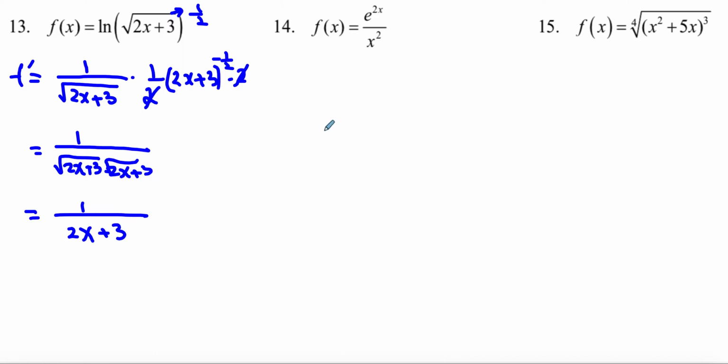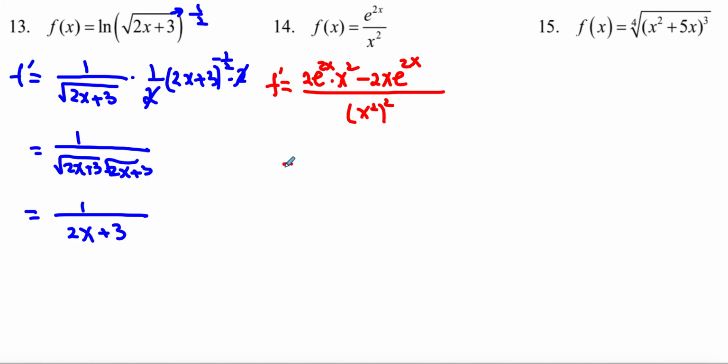Now, number 14. We have to use the quotient rule. So here we get f prime. We know that the denominator becomes x squared, squared. First I have to take the derivative of the top, which becomes 2 times e to the 2x, times x squared. Multiply that by the denominator. Now minus the derivative of the bottom, which is 2x times e to the 2x.